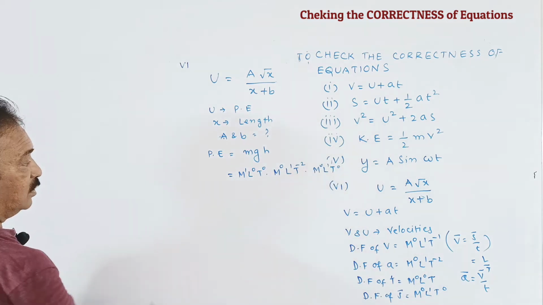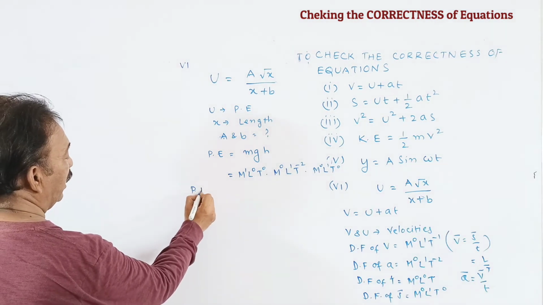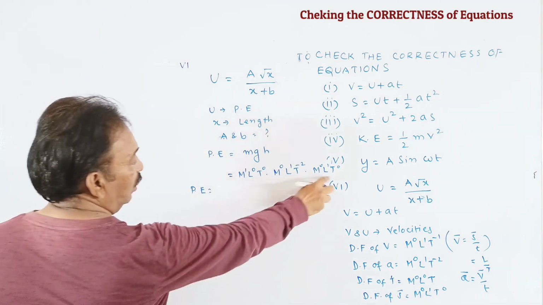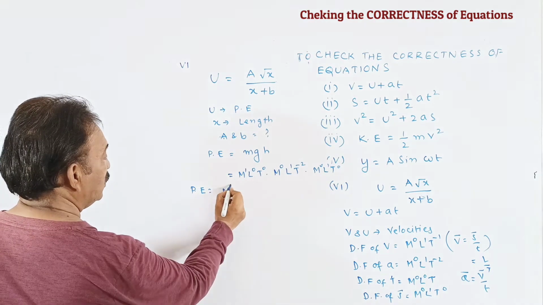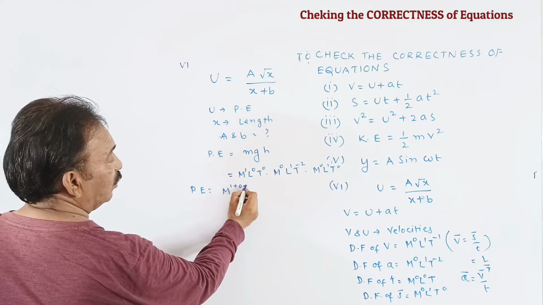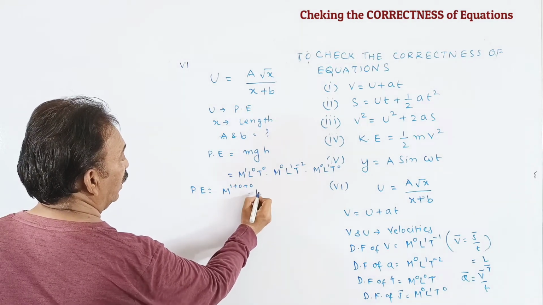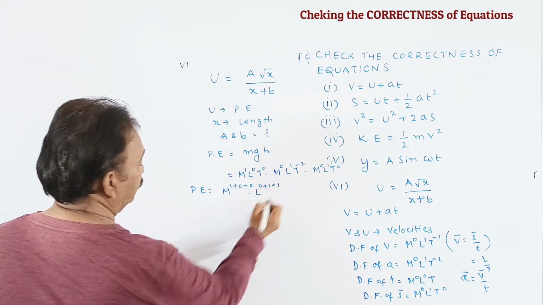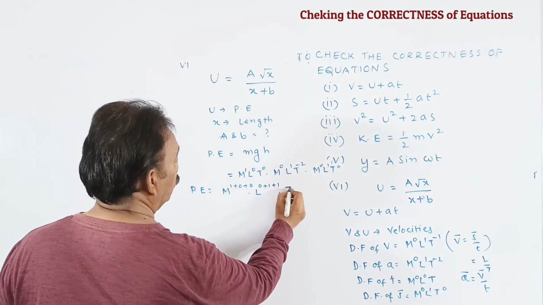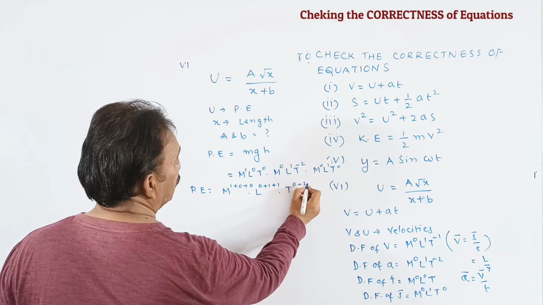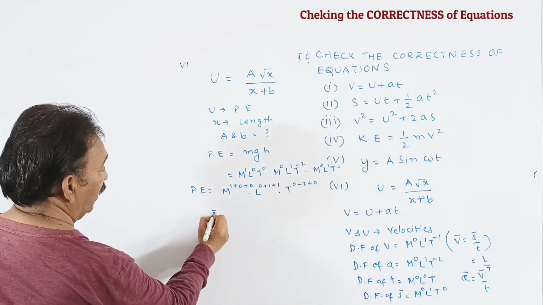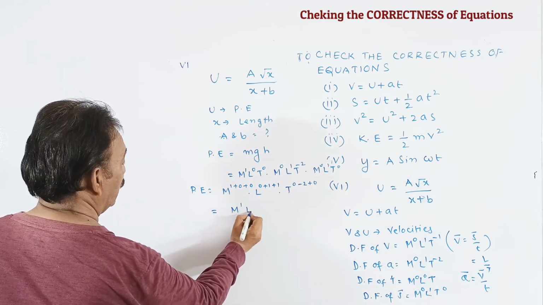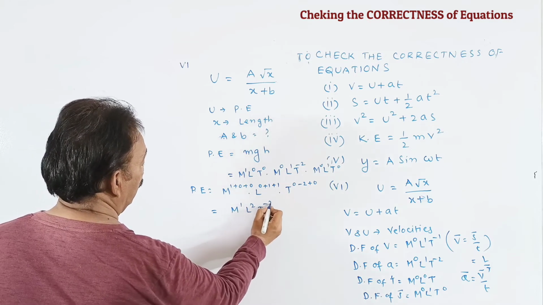Bases are the same, so we add the powers: M to the power 1 plus 0 plus 0, L to the power 0 plus 1 plus 1, and T to the power 0 minus 2 plus 0. Finally, we get M1 L2 T inverse 2.